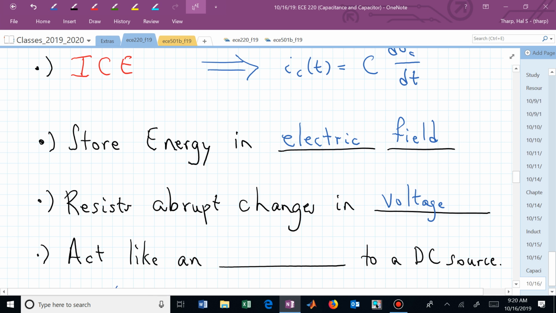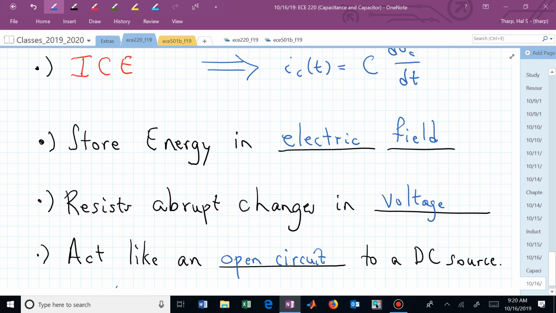It looks like an open circuit. Now you would simply remove those capacitors from your circuit if you wanted to analyze the DC behavior or the properties of that circuit in DC with frequency of 0. The capacitor then acts like an open circuit to a DC source.